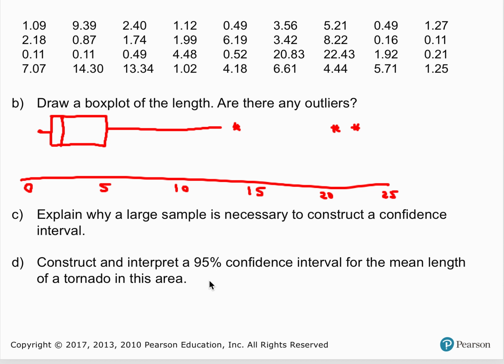So let's go back and find our mean for that from the stat calc 1 variable statistics, and I can get that my mean is 4.41, and there's a 2 up there, so 4.414.